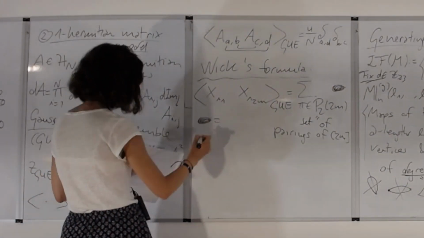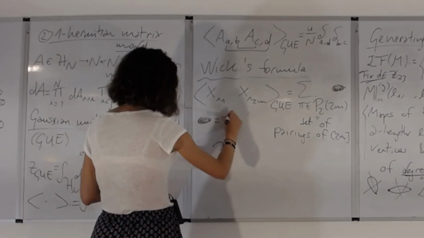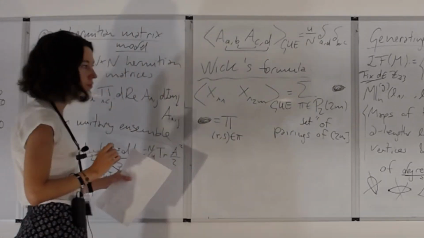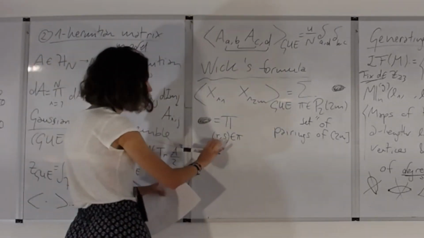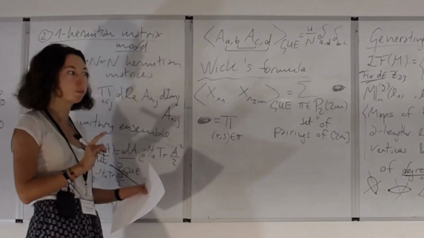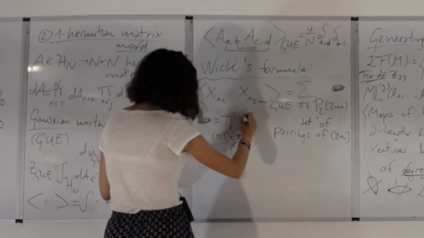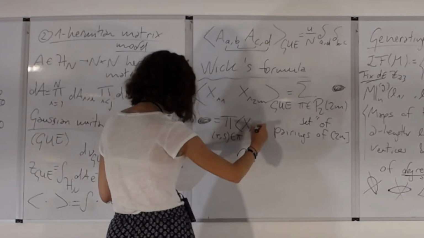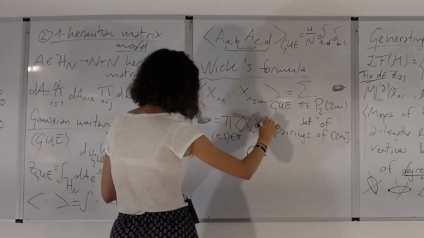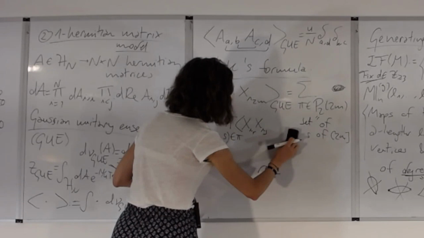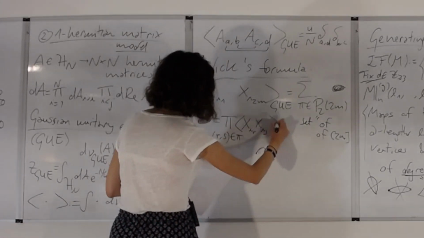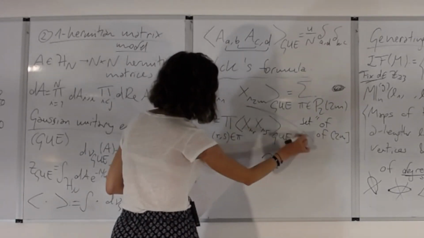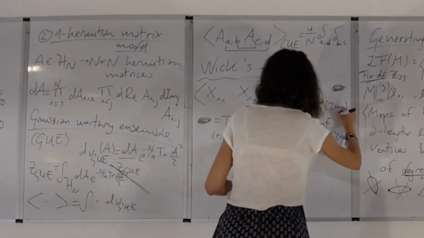What you should put in there is a product, not over all pairings, but over all the pairs inside a specific pairing, of the corresponding covariance. This is the set of pairings.